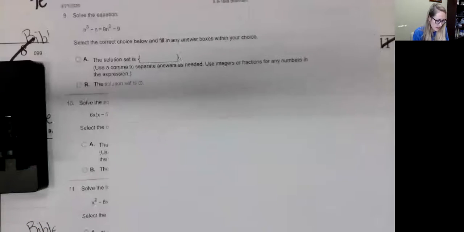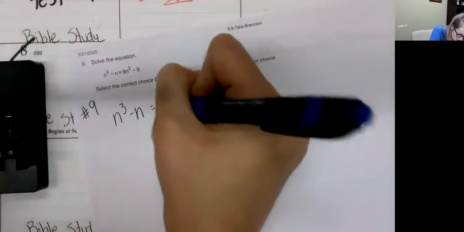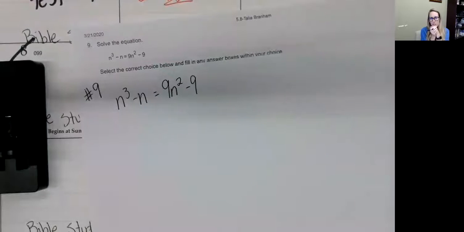Continuing on with number 9, they give us n cubed subtract n equals 9n squared subtract 9. The first thing I want to do is move this all onto one side of the equation and put it in standard form.